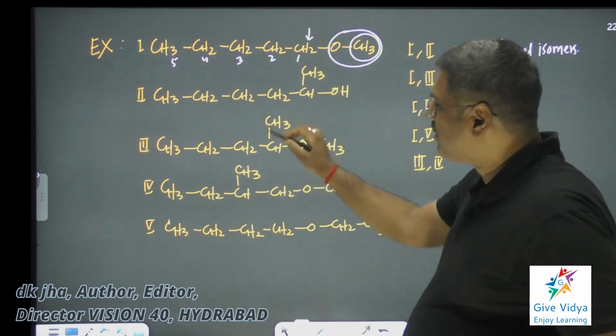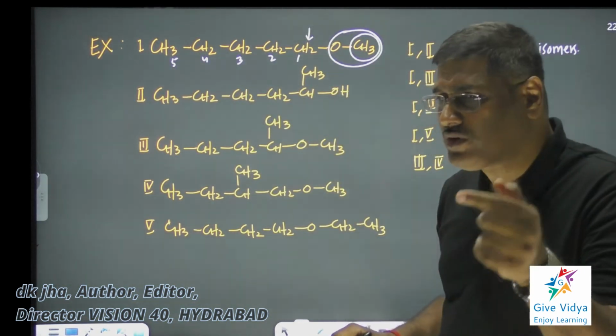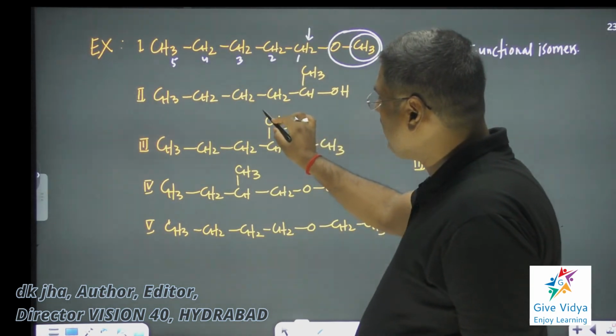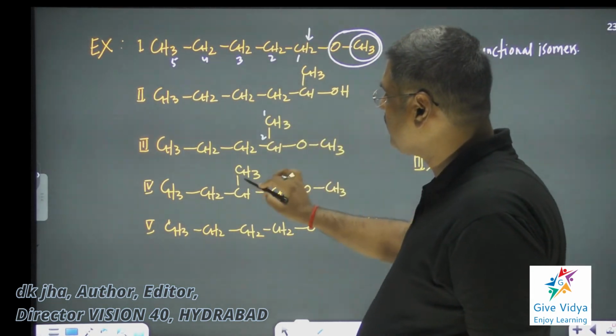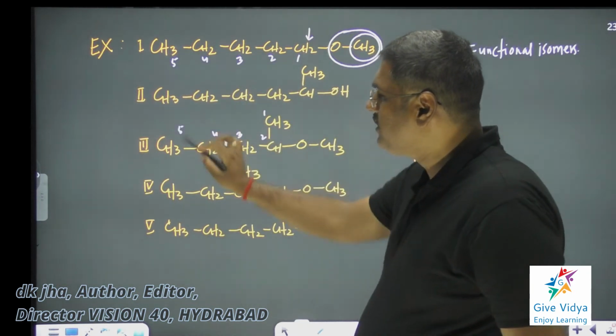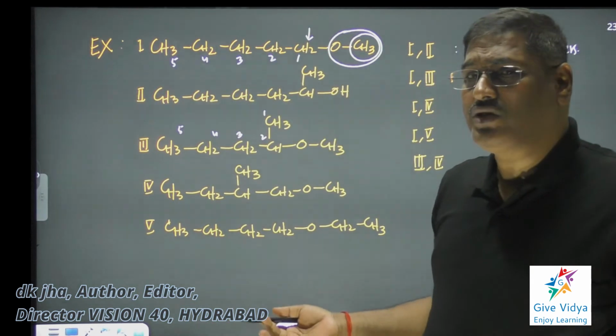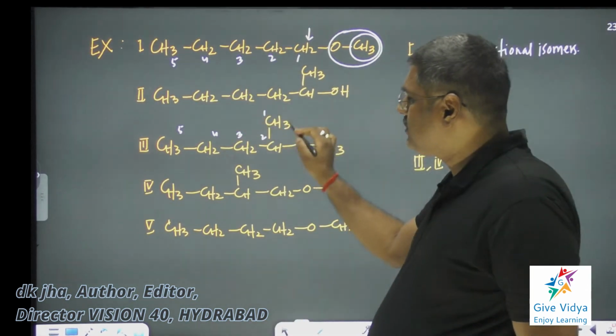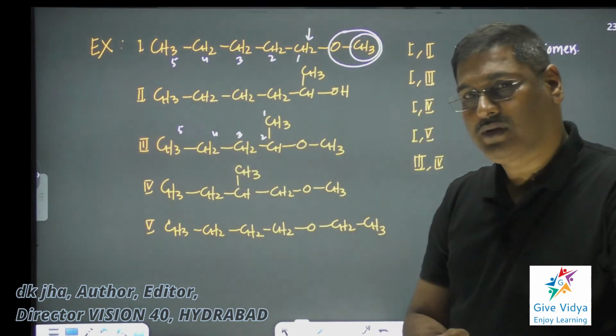And here what you think is a branch is actually not a branch. Here also, when you analyze, this one is the chain only. 1, 2, 3, 4, 5. Where is there a change in chain? There is no change in chain. There the 5 carbon atoms, here also 5 carbon atoms.